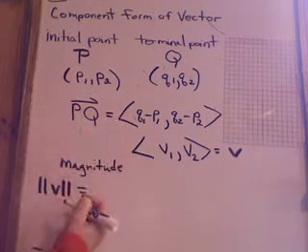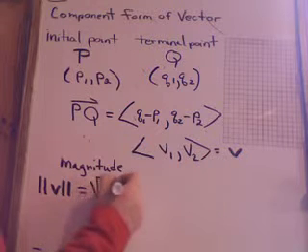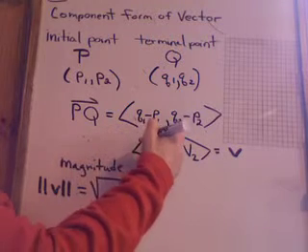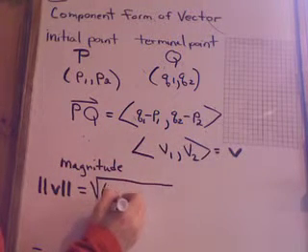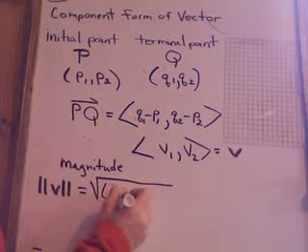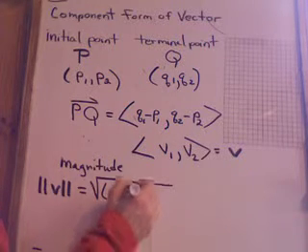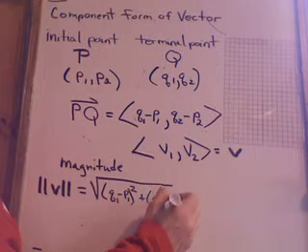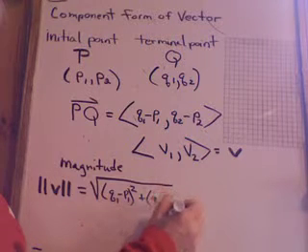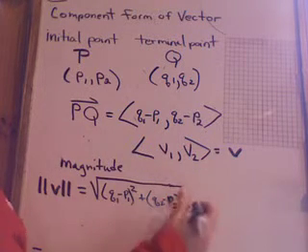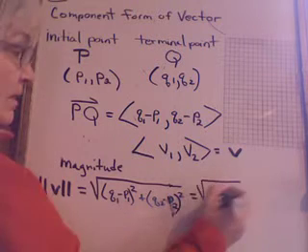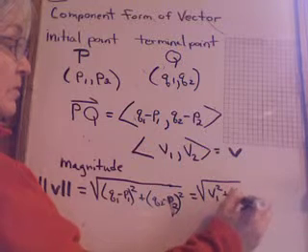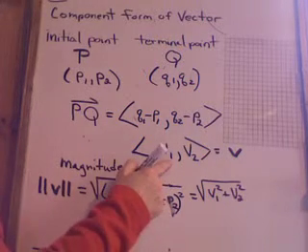So the magnitude for the current vector is the square root of Q1 minus P1 squared plus Q2 minus P2 squared. That's the magnitude. I could also represent it by saying the square root of V1 squared plus V2 squared. This is easier to use, of course.